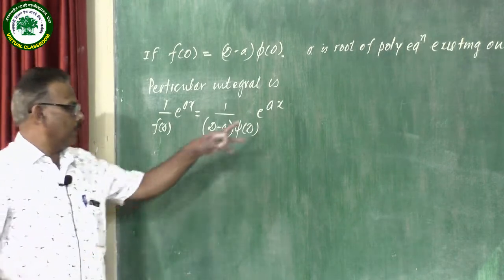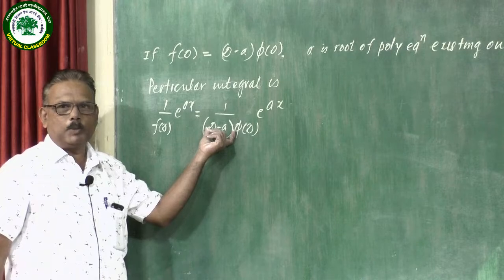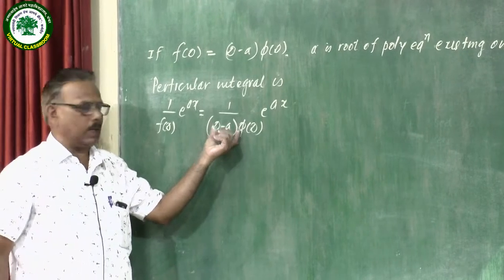What will happen here? When you are directly substituting D is equal to a, this part will be 0. This will be a meaningless part.